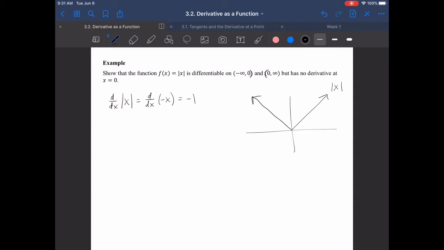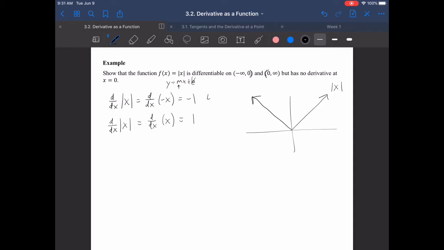We know the slope of that graph is -1. Y equals mx plus b. In this case, b is 0, and m has to be -1. That gives you -x. On the positive side, the derivative of the absolute value is just the derivative of x. It has a slope of 1, so the derivative there is just going to be 1.